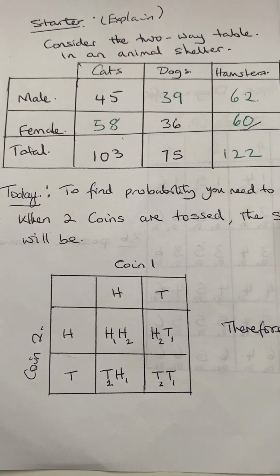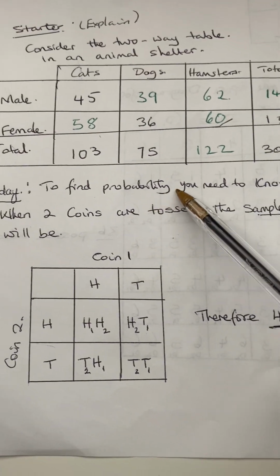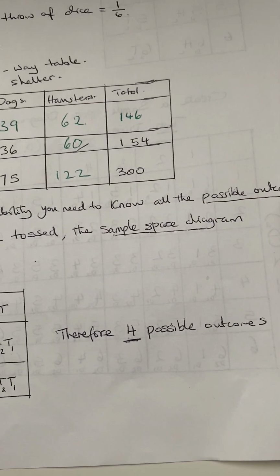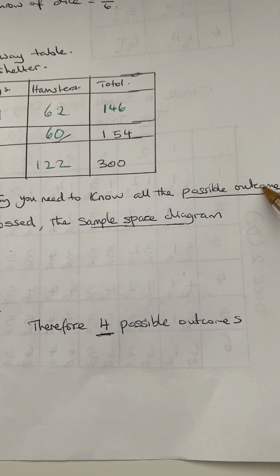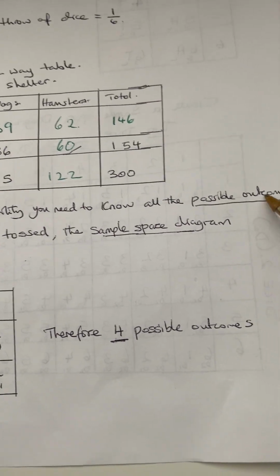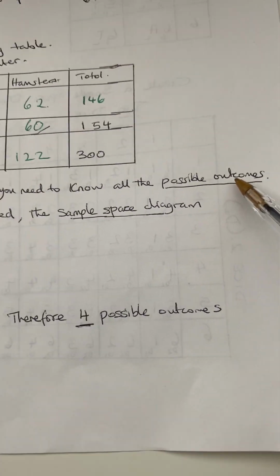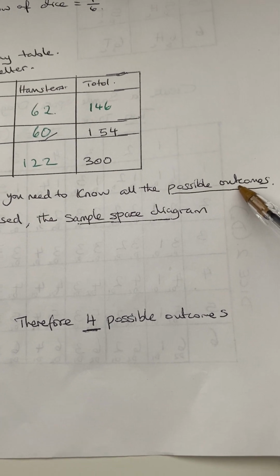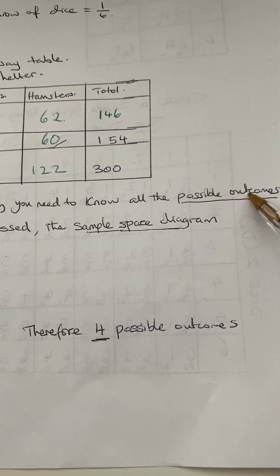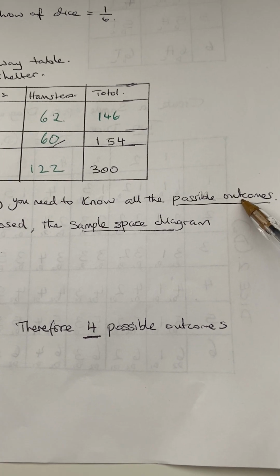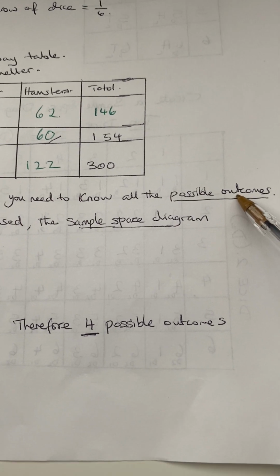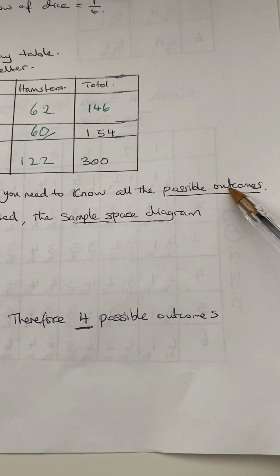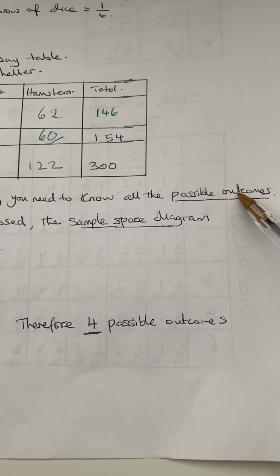Okay, so here, to find the probability, you need to know all the possible outcomes. If you throw a coin, you know that it's either a head or a tail, so you only have two possible outcomes. You can either get a head, which is half, or a tail, which is half.